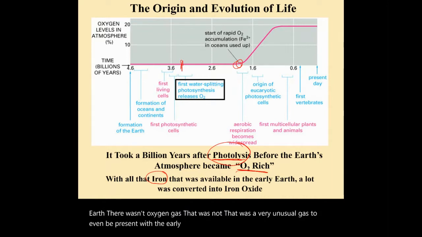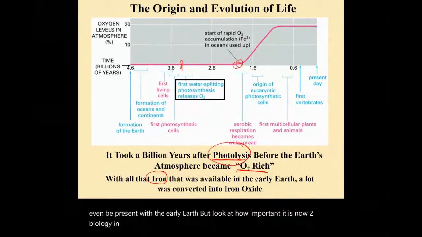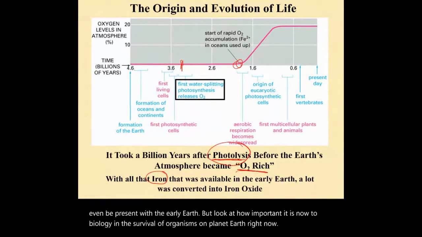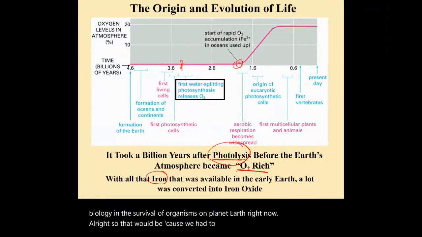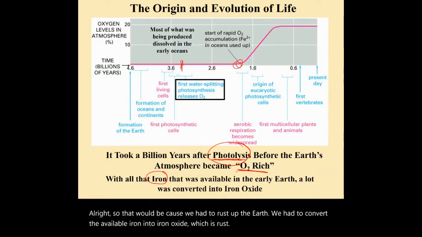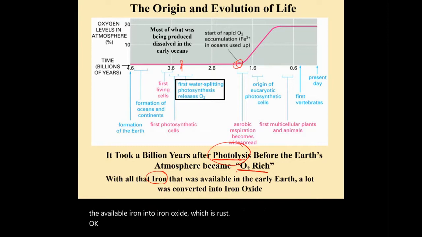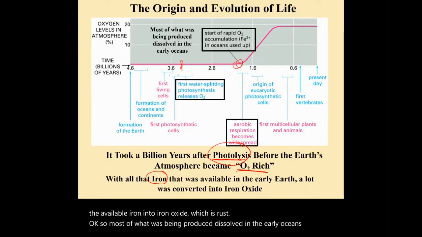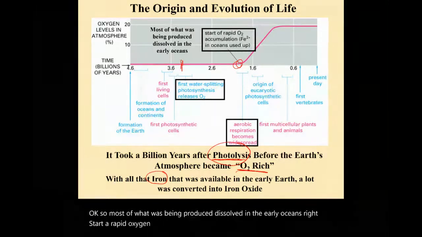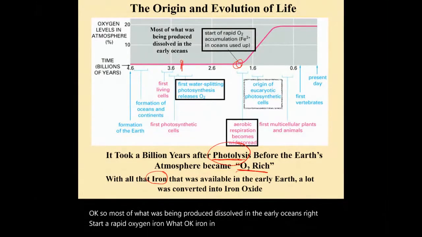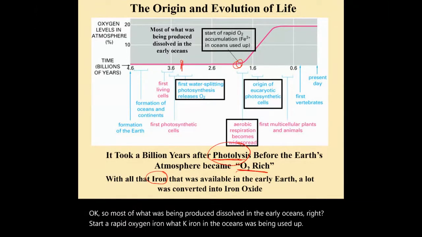But look at how important it is now to biology and the survival of organisms on planet Earth. So that was because we had to rust up the earth. We had to convert the available iron into iron oxide, which is rust. Most of what was being produced dissolved in the early oceans, and the iron in the oceans was being used up, turning into iron oxide.